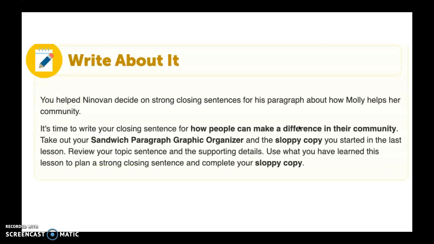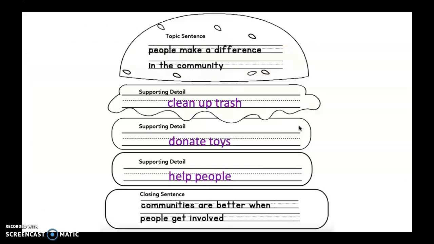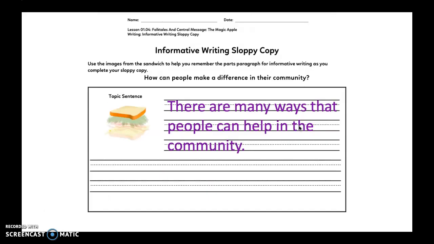So now it's time for us to add to our sloppy copy. Remember, we started off with our ideas, and then we had our topic sentence. So remember, our top piece of bread is just going to be reworded differently to close up our crunchy details. So I said there are many ways that people can help in the community.